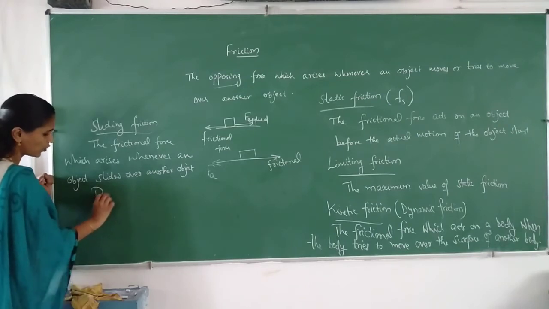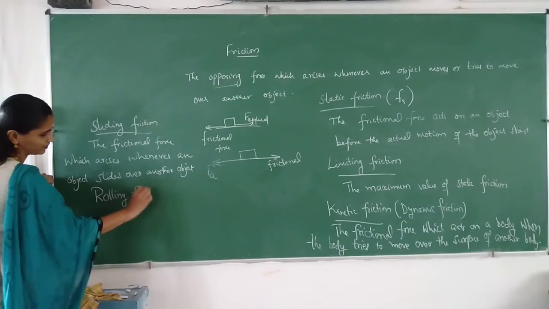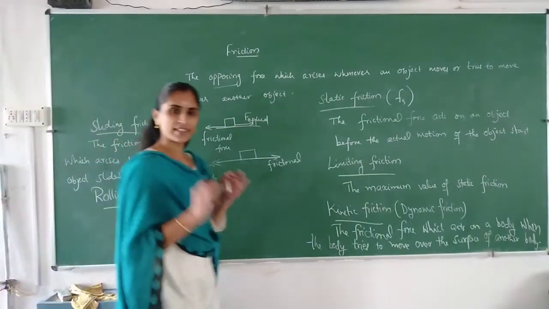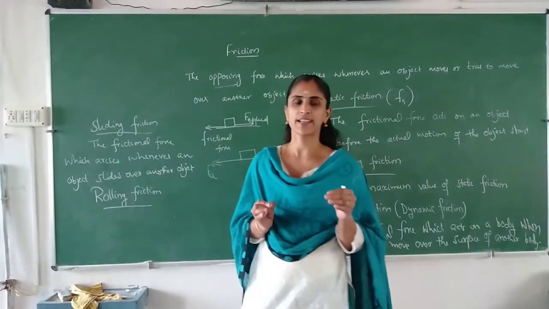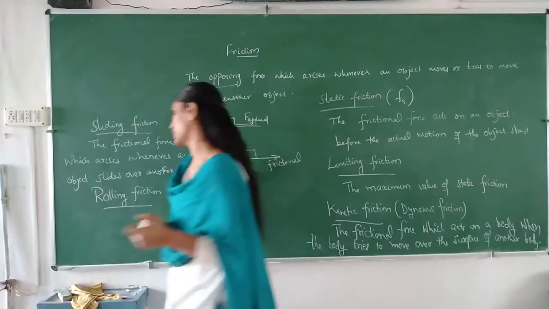Next is rolling friction. Rolling friction means it is the frictional force which arises whenever an object rolls over the surface of another object.